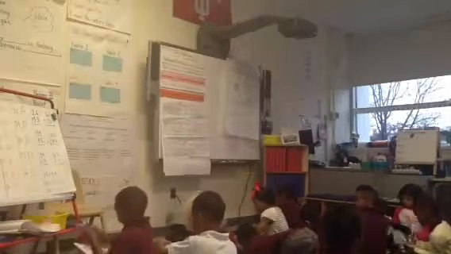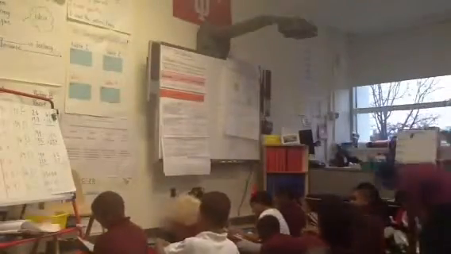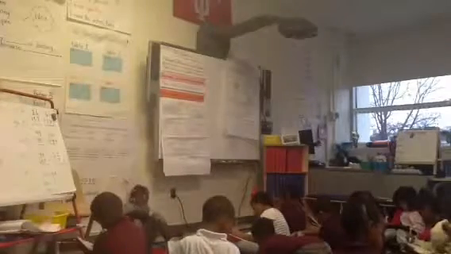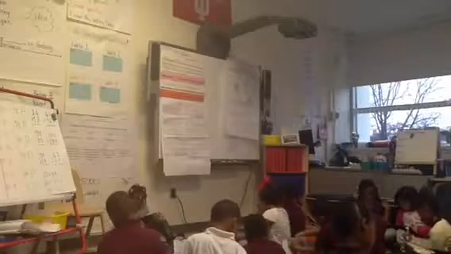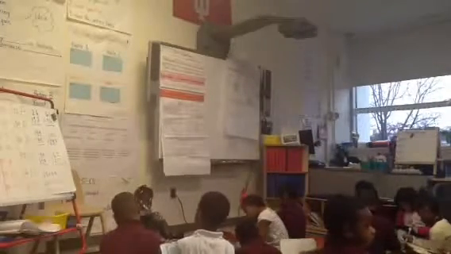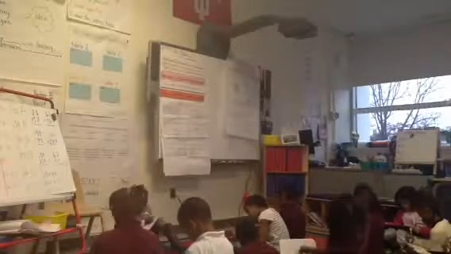Okay. 17 minus 13. Arbel, you should be watching this. 10, 11, 12, 13, 14, 15, 16, 17. Minus. Watch me. Crossing out 1 ten, 3 ones. 1, 2, 3.